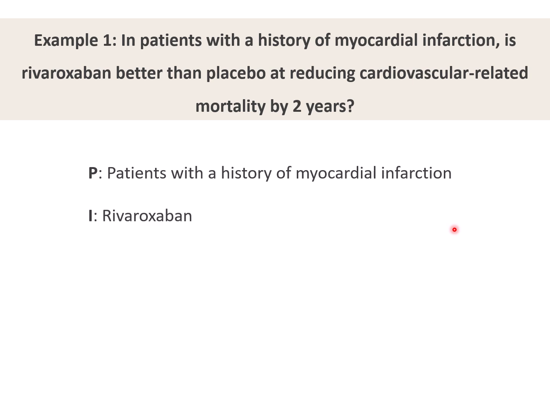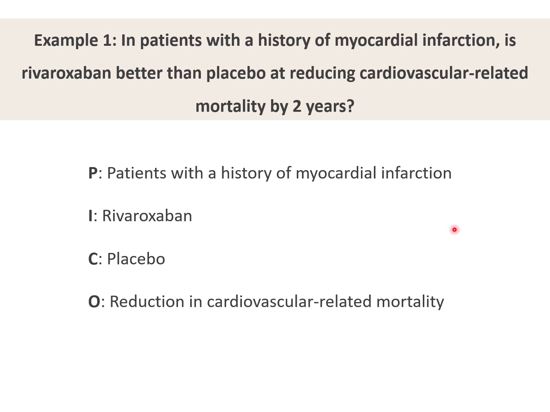I will be rivaroxaban. And what will be the C, comparison? Yes, there is a comparison, placebo. And what is O? O is the reduction in cardiovascular related mortality. And there is a T as well. So sometimes we have the option of PICOT. T is for 2 years.